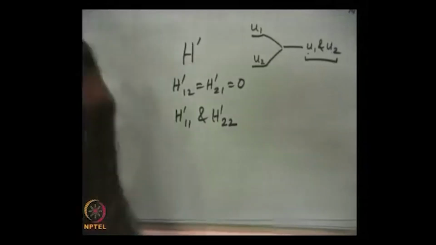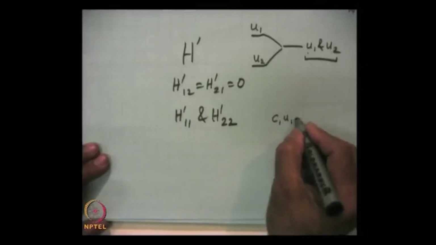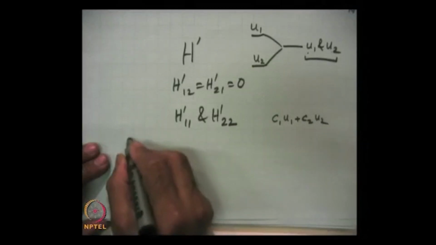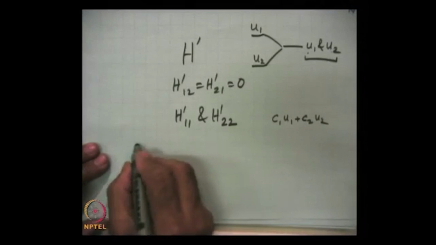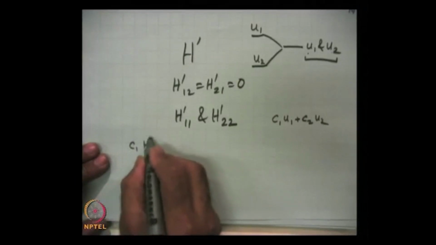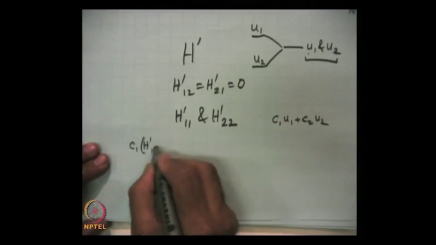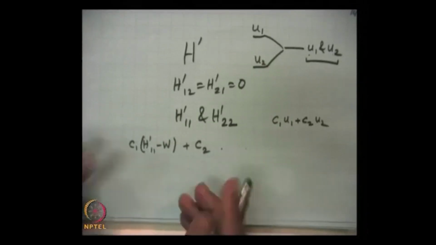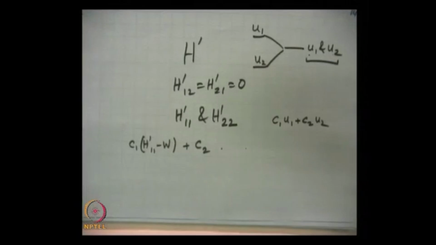If we are unable to do that, then we choose a linear combination C1 u1 plus C2 u2 and form a set of 2 equations, C1 (H prime 1 1 minus W) plus C2 and so on, from the determinant equal to 0.